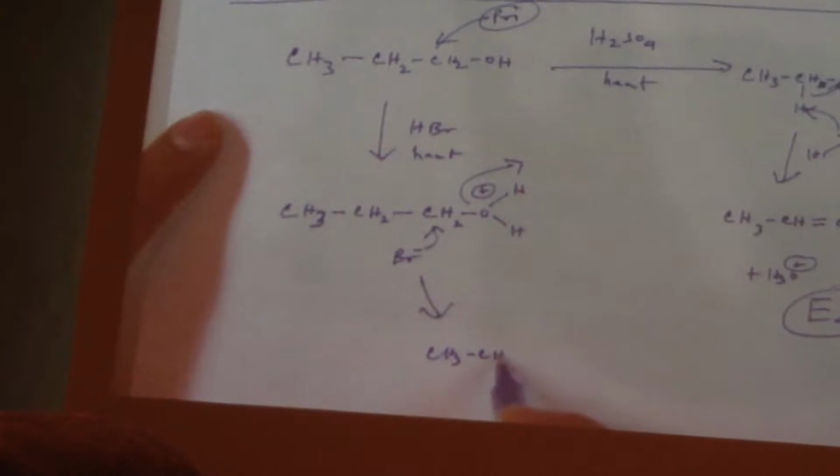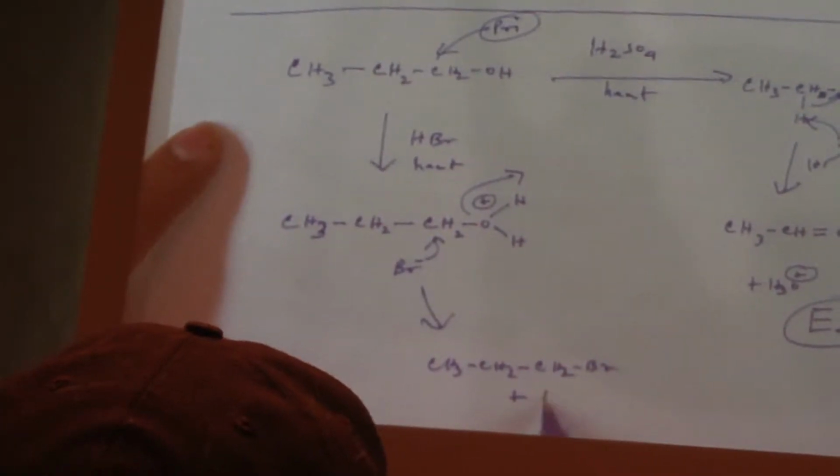The same intermediate is being formed, but this is now attacked by Br minus, giving you an SN2 product. So that's some of the differences that we see in this type of reaction.